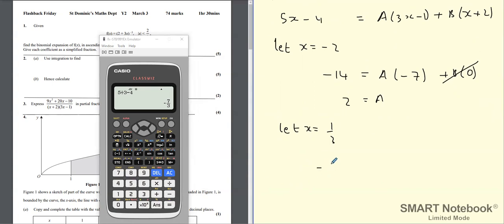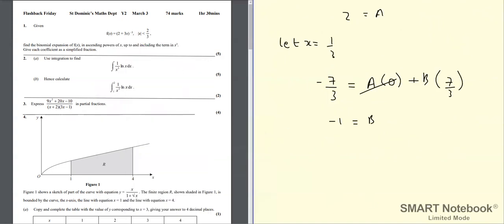So on the left hand side we get minus 7 over 3. In this case, A times 0 cancels out, and B times 2 plus a third is 7 over 3. And so we get B equals minus 7 over 3 over positive 7 over 3, which is minus 1.